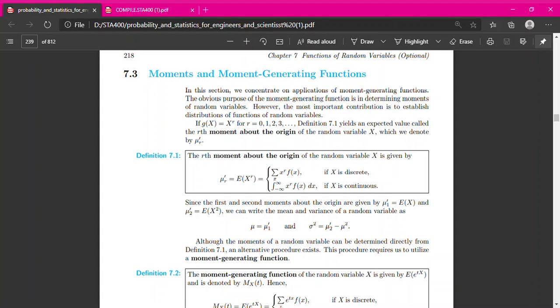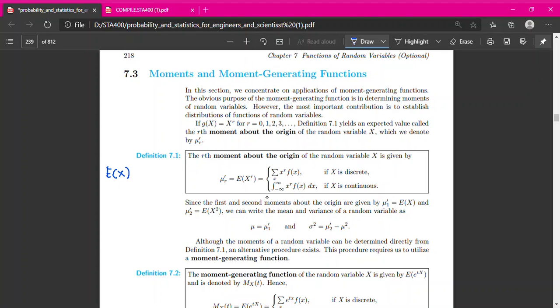So kita tengok first of all, what is moment about the origin? Moment about the origin notationnya adalah mu prime R, which is expected of X power of R. Sebelum ni dalam mathematical expectation, untuk dapatkan mean dan variance, notation selain daripada mu adalah expected of X untuk mean.